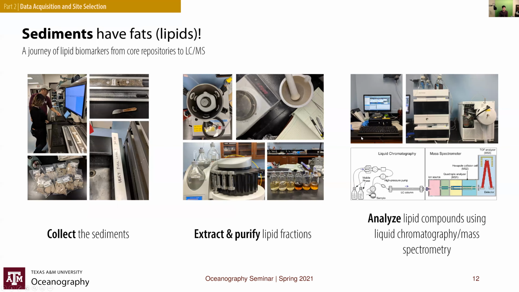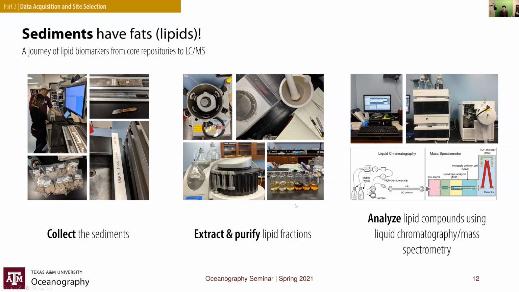We collected the sediments from the sediment cores at the IODP core repository, and then we freeze dried them, homogenized them, ground them with a pestle and mortar, and extracted the total lipids, as you can see here. Different sediments have different organic or lipid compounds, giving these different colors.